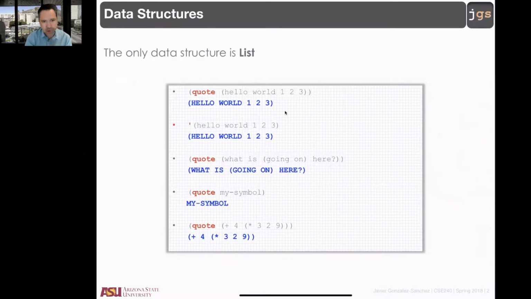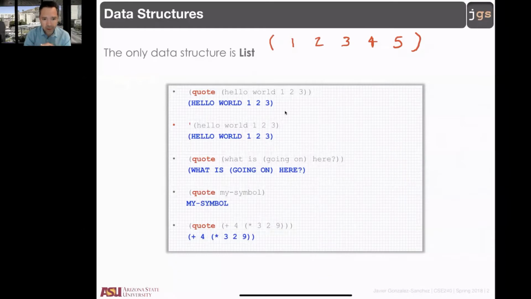For data structures, the idea is going to be the same as before. Everything is inside of parentheses. For instance, you want an array with numbers. That one is your array of numbers.